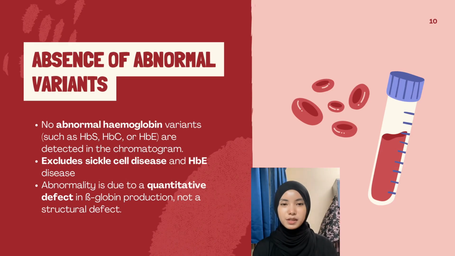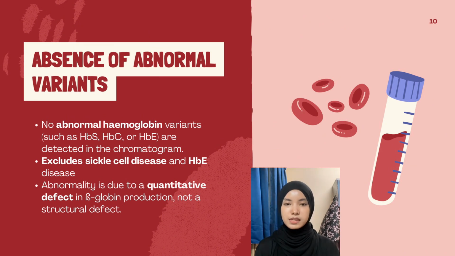Next is the absence of abnormal variants. Another important observation is the absence of abnormal hemoglobin variants like hemoglobin S, hemoglobin E, or hemoglobin C. This helps narrow the diagnosis. For example, if hemoglobin S were present, we would consider sickle cell disease or trait. If hemoglobin E were present, we would think about hemoglobin E-related thalassemia.